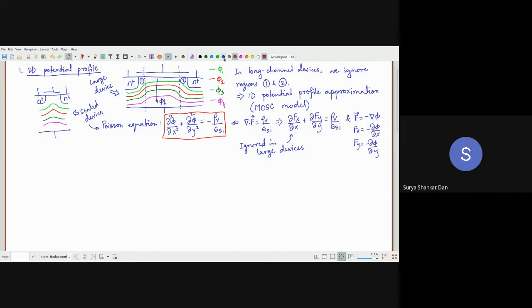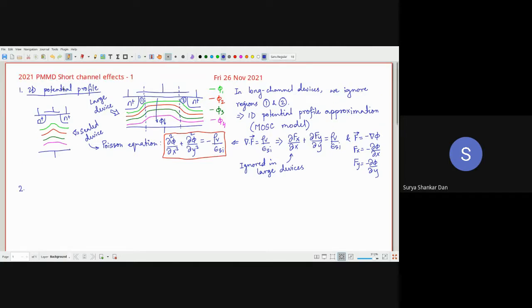Now, the second phenomenon that is the result of short channel effect. Just to keep things in perspective, please remember that in our previous couple of lectures, we have already discussed the advantages of scaling theory.